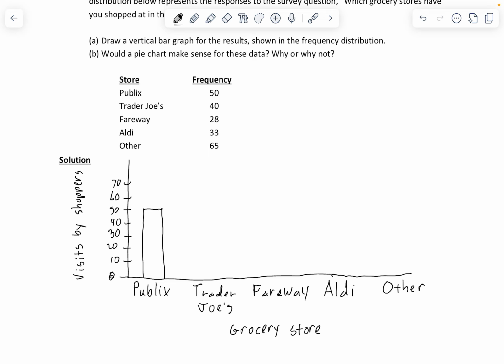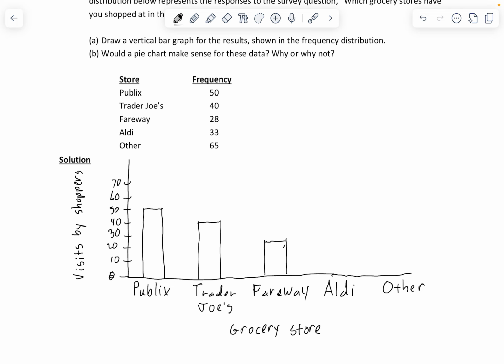For Trader Joe's, the frequency is 40, so 40 is about here. Maybe you could sketch the top first and then just do the sides to make it a little easier. Fairway, we've got 28, which is just shy of 30, so that's probably right about here.